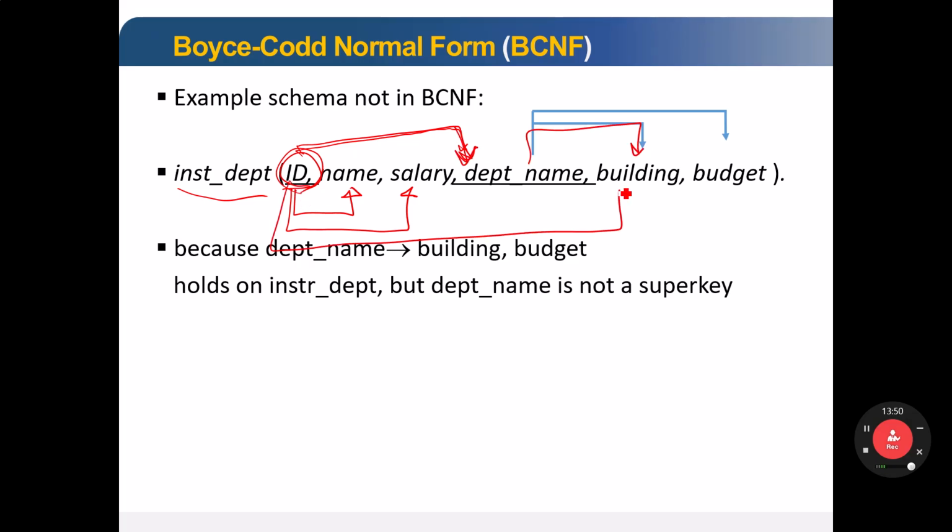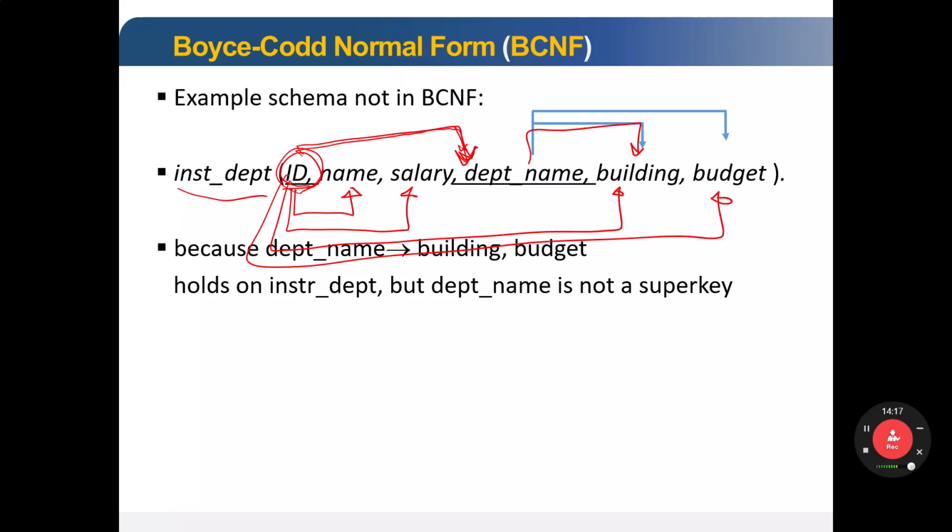Therefore, we can say ID determines building and ID determines budget. So here in this table, it seems ID is a candidate key, and ID along with the department name seems to be a superkey. It doesn't seem to be minimal.